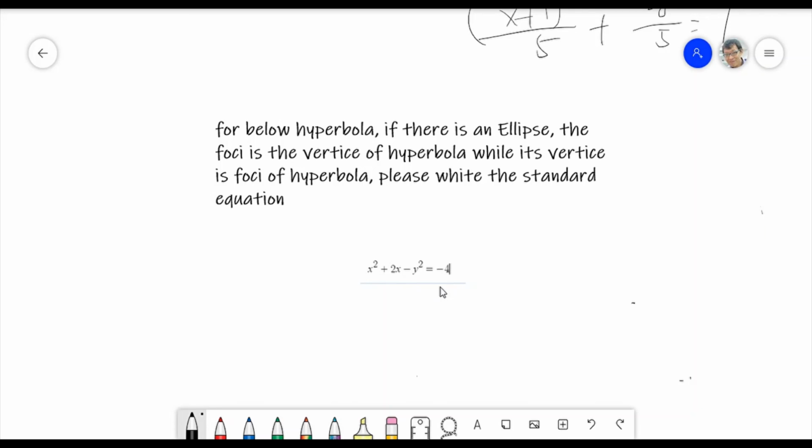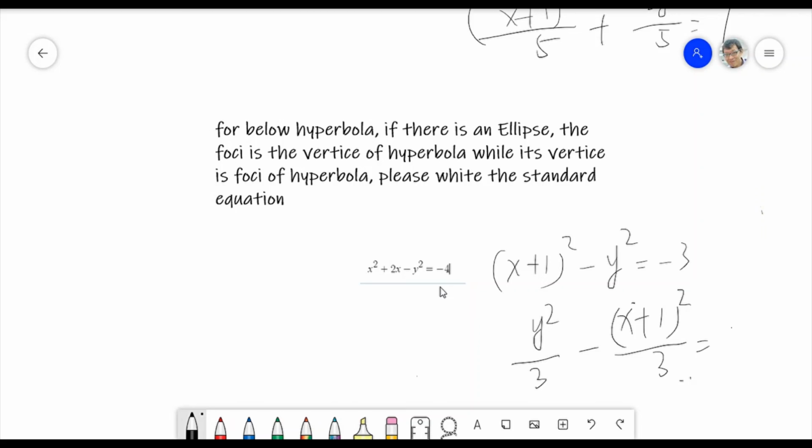So how do we do that? First, we need to find the standard equation. It is x plus 1 squared minus y squared equals, with the plus 1, negative 3. So we divide and get y squared over 3 minus x plus 1 squared over 3 equals 1.